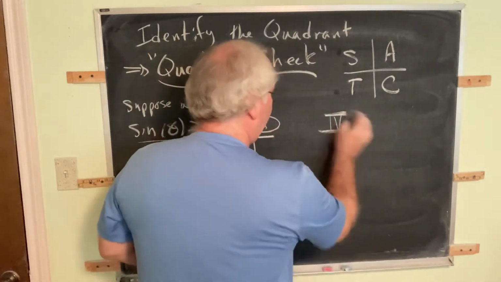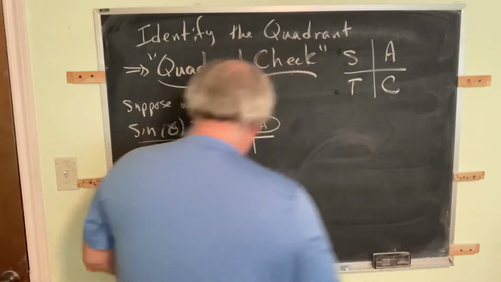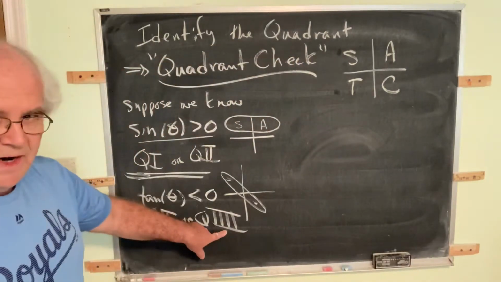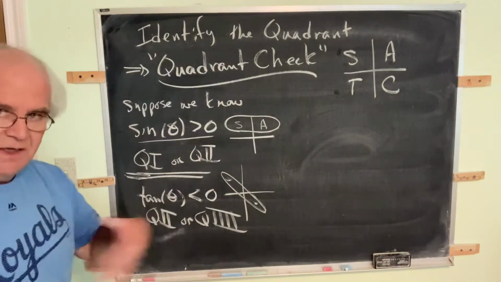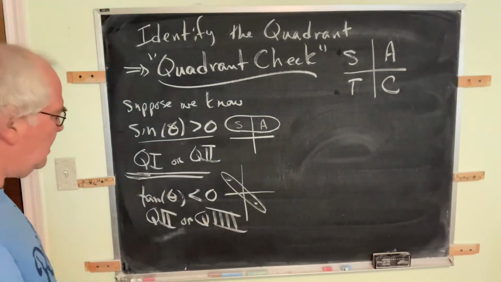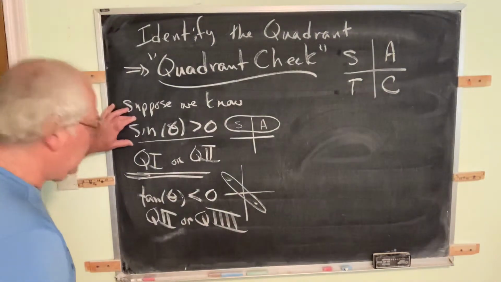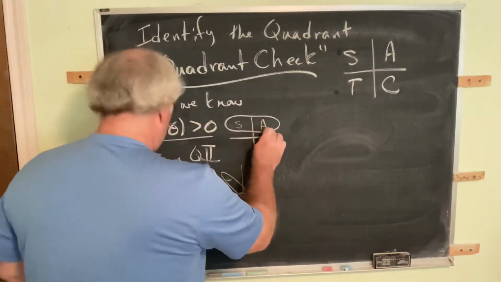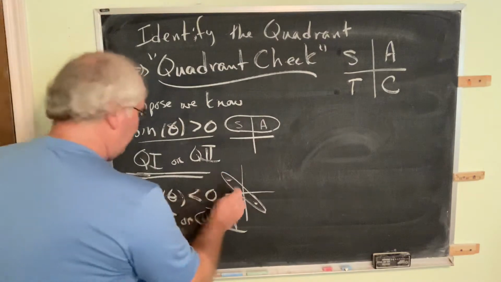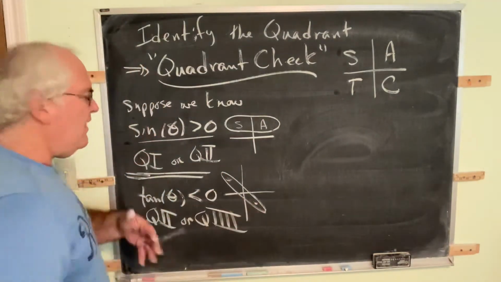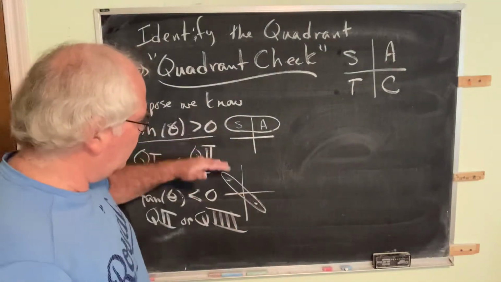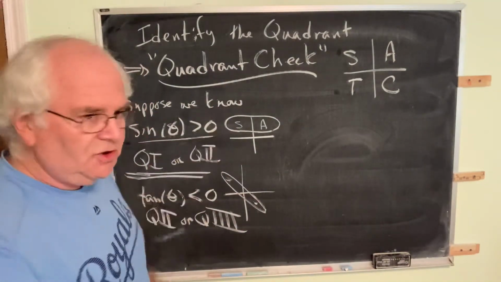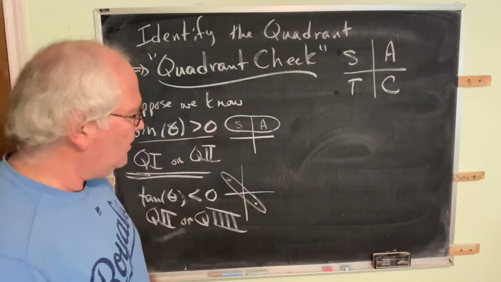To avoid that and a few other reasons, I always write my Roman numeral 4s this way. That ship has sailed, that's the way I'm going to do it. So if all you're given is this, then you know you're in either quadrant 1 or 2. If all you're given is this, you know you're in either quadrant 2 or quadrant 4. Any piece of information of this variety tells you this much about the quadrant.